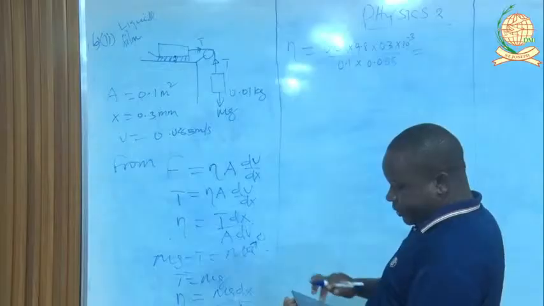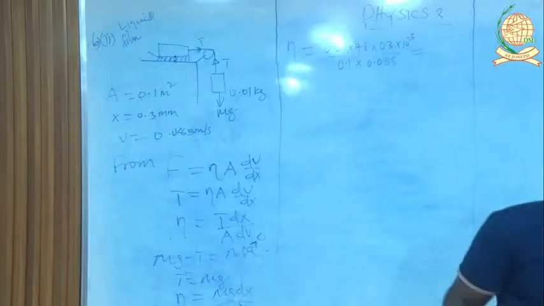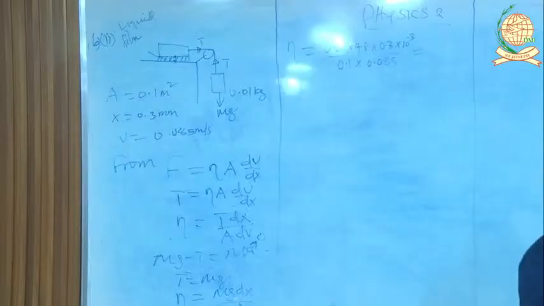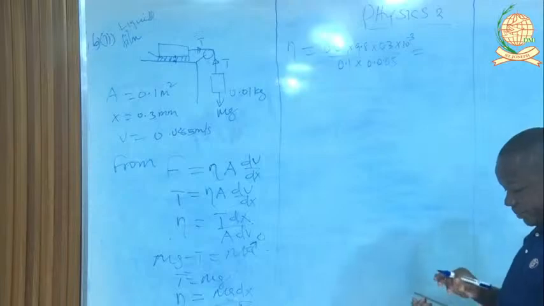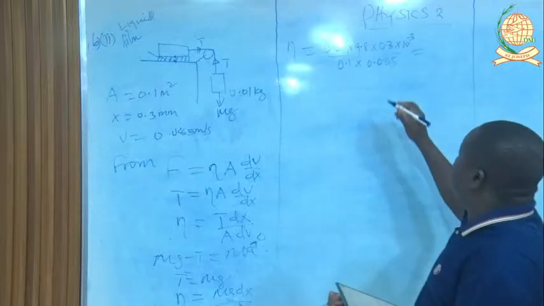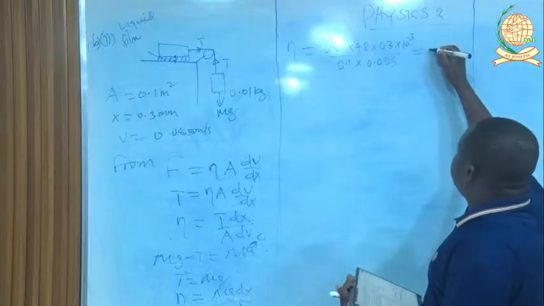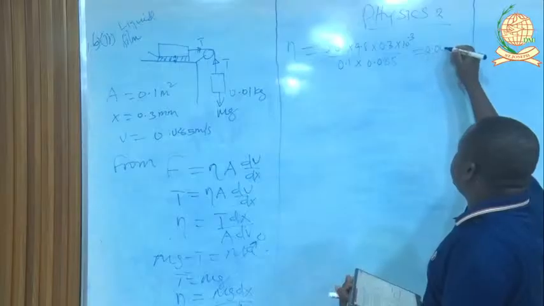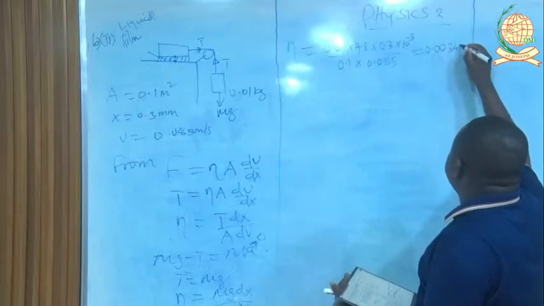On calculating, you can use your calculator to get the viscosity equals 0.00346.